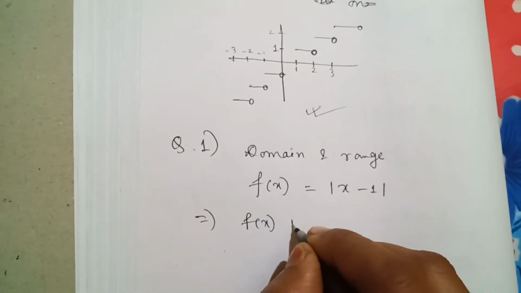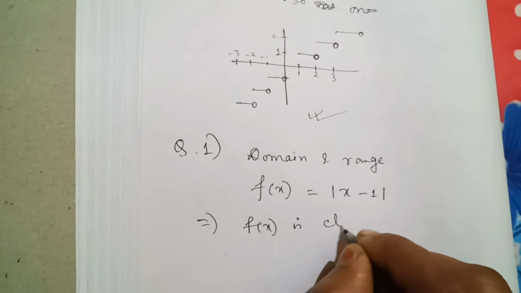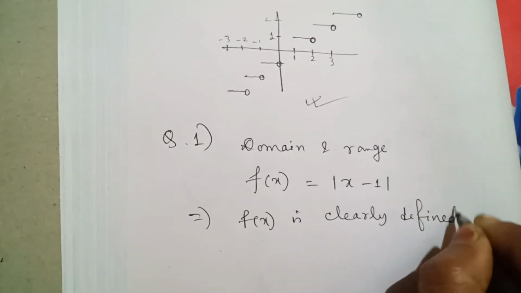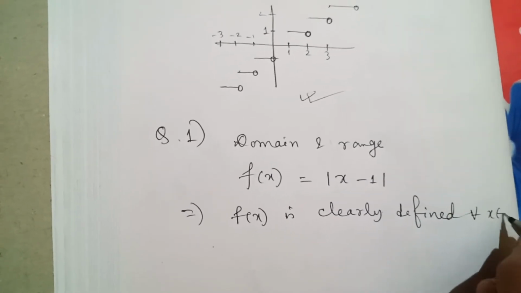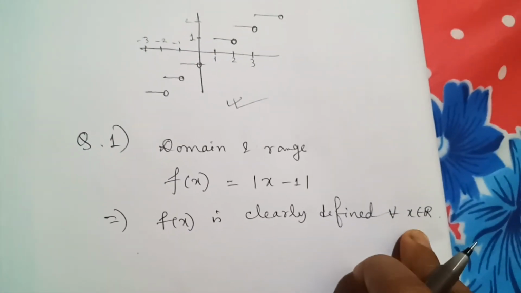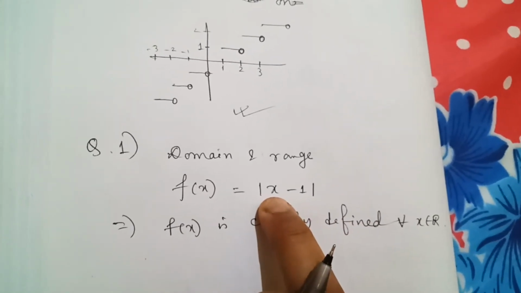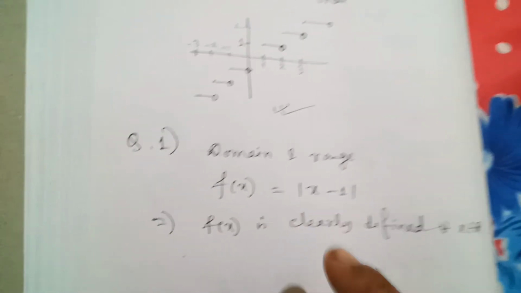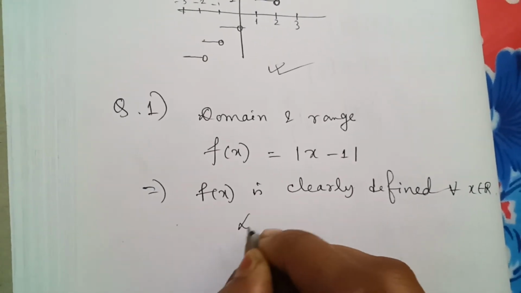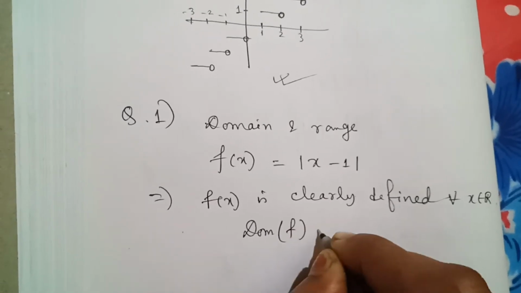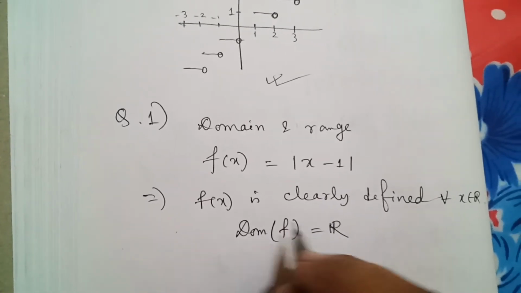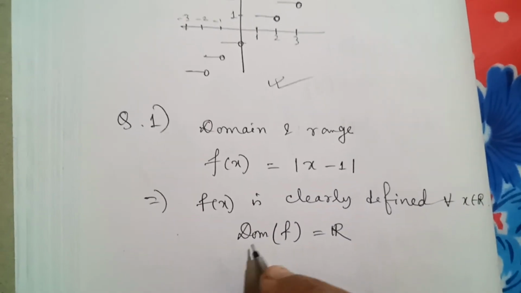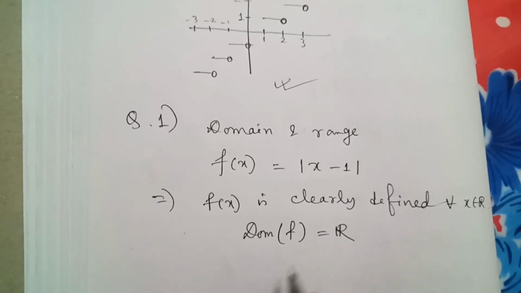So f of x equals mod of this whatever. f of x is clearly defined for all x belonging to the real number set, because you can take any real number and get its modulus value very easily. That means the domain of f is R. As f of x is clearly defined for all x, the domain of f equals the real numbers.